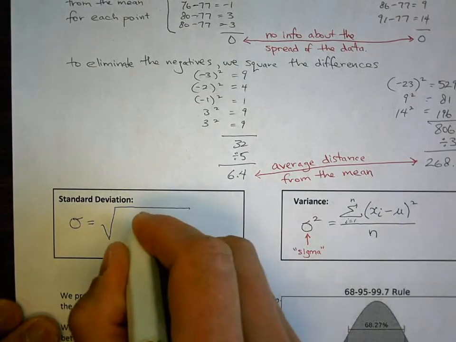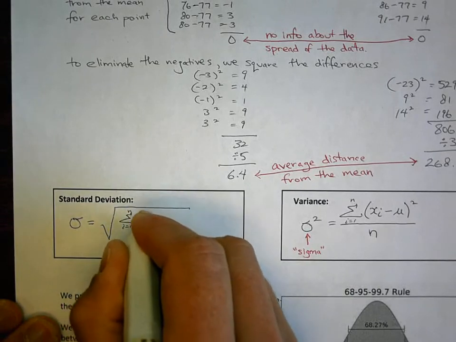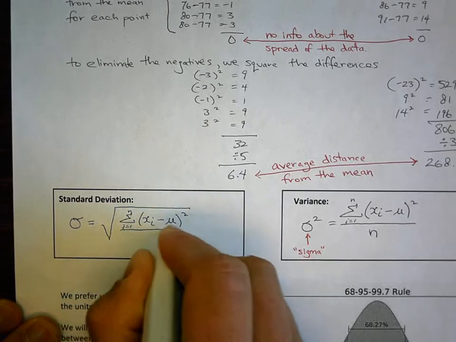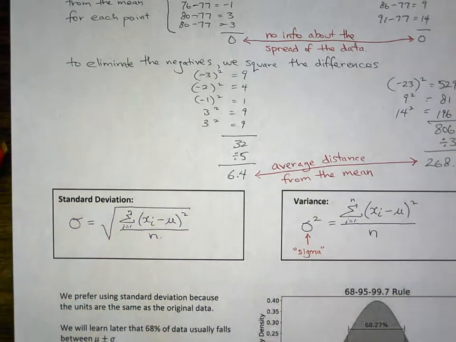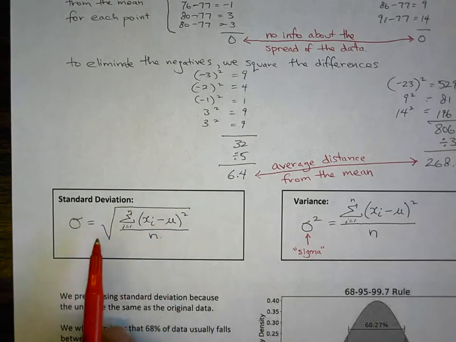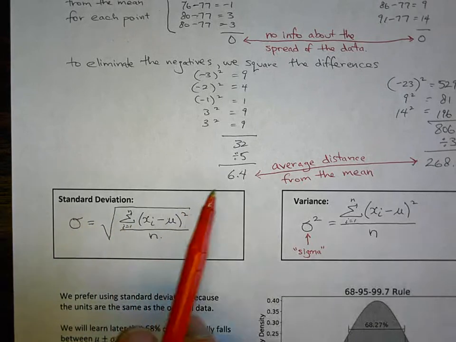So we're just going to write that out again. The standard deviation is preferable, so it's the same thing, it's just a square root, because once we take the square root, now we have the same units as the data we started with.